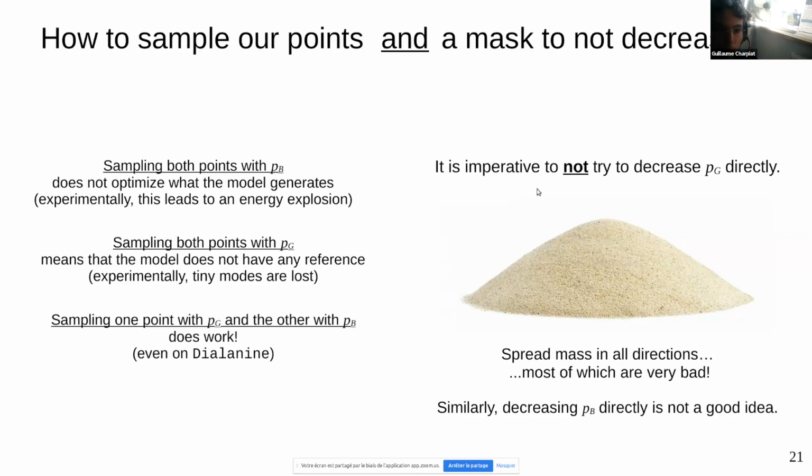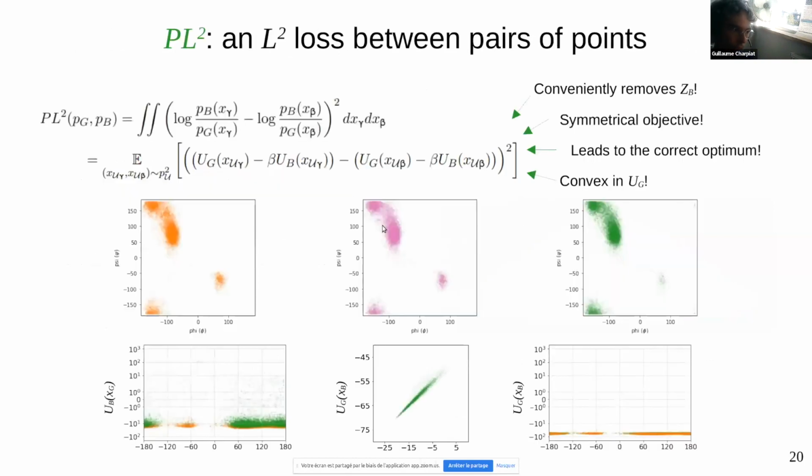So another trick here that is very important is that we also need masks on the quantities we optimize. This might look very strange, but when we compute the gradient of such quantities, we have, of course, the gradient of PG according to its parameters.